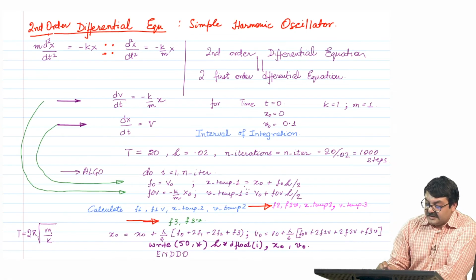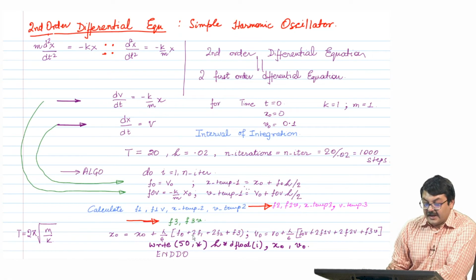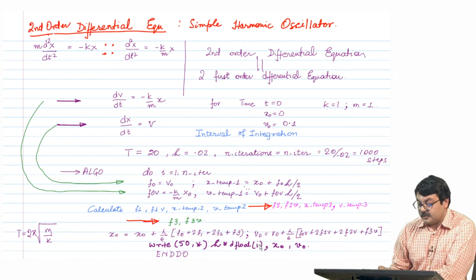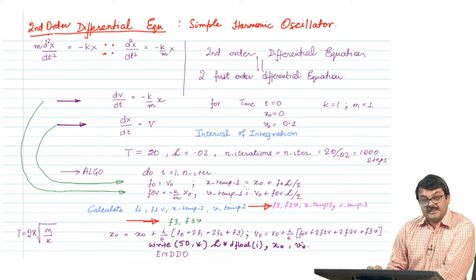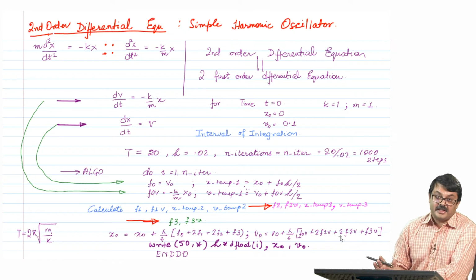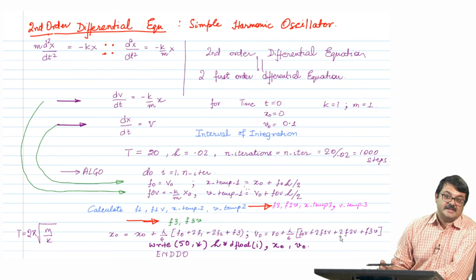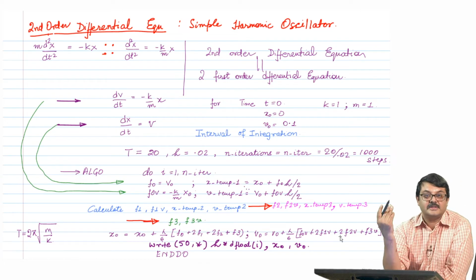After you have done this, step one iteration, you can basically write down the time of integration, h into d float I shall run from 1 to 1000, and write down the position and velocity at each of these times. And once the program has finished running, you can use these quantities to plot x versus t and v versus t, right, and you know how it is going to be.